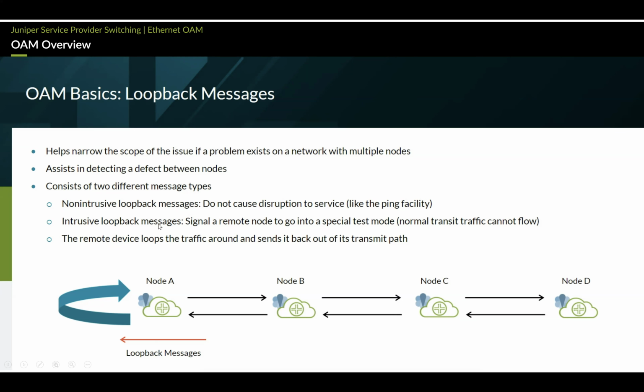When they are testing intrusive loopback message, normal transit traffic will not flow through that media. The remote device loops the traffic around and sends it back out of its transit path. So this is a local device and this is a remote device. You can check from the local device to the remote device through loopback message.